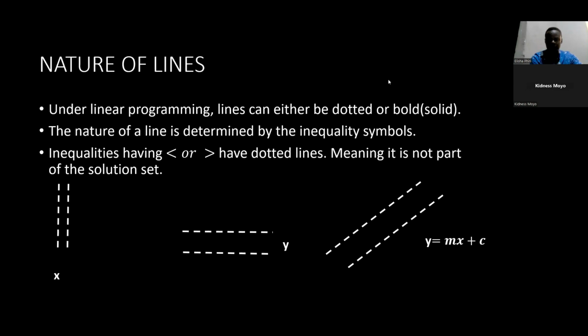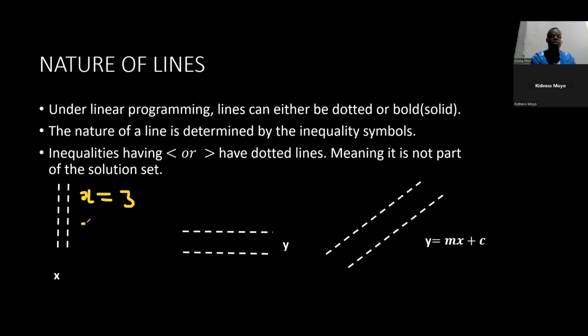Let me give you an example of this. If let's say x is equal to 3, so such a line will actually pass through the point where x is equal to 3, right?